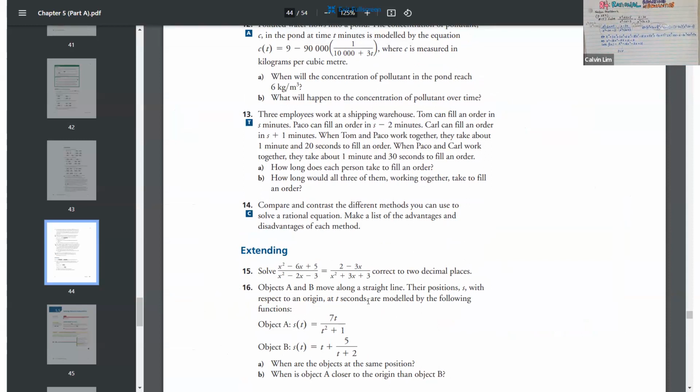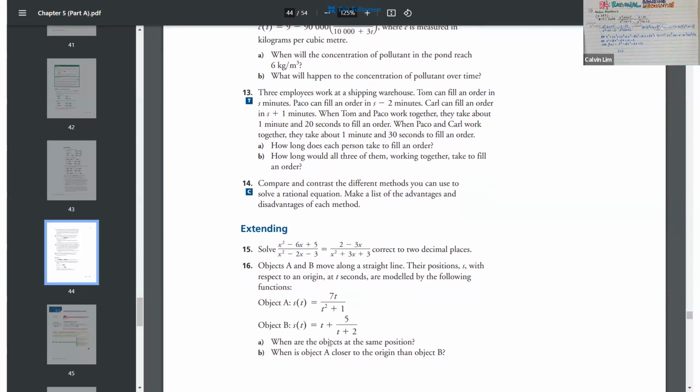Object A, the position function is S of t equals 70 over t squared plus 1. The position function for object B is S of t equals t plus 5 over t plus 2. When are the objects at the same position? How does this manifest itself mathematically?